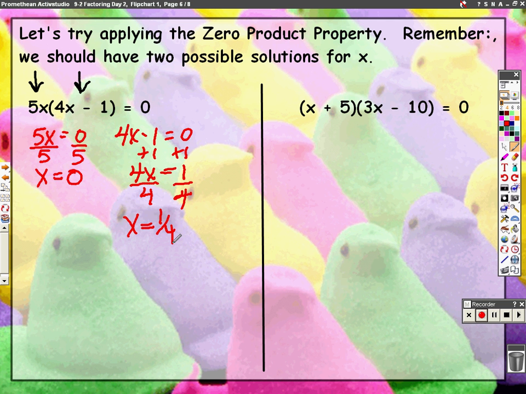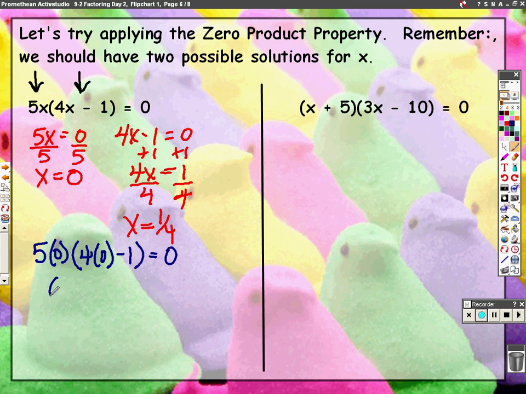Now we know that to check our work, we just substitute in our solution. For the first factor, our solution is x equals 0. So I know that 5 times 0 times 4 times 0 minus 1 equals 0.